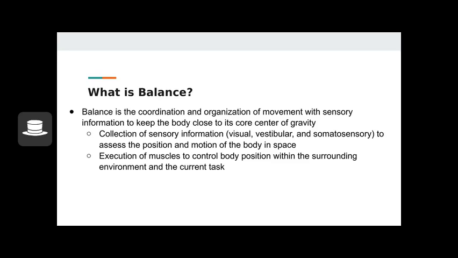And this is all done to assess the position and motion of the body in space. It also utilizes the execution of muscles to control the body's position within the surrounding environment for the current task.